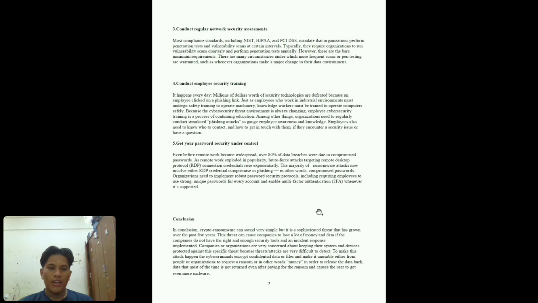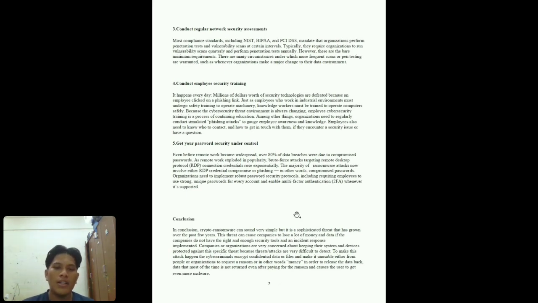Fourthly, conduct employee security training. It happens every day. Millions of dollars worth of security technologies are defeated because an employee clicked on a phishing link. Just as employees who work in industrial environments must undergo safety training to operate machinery, knowledge workers must be trained to operate computers, in a process of continuous education.